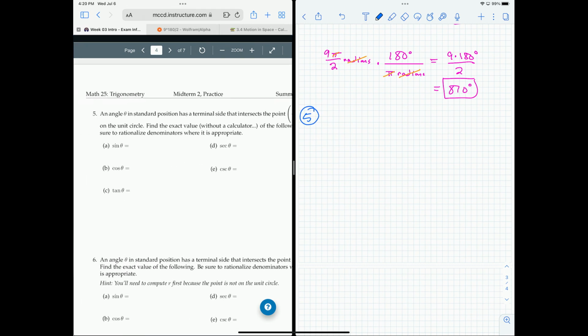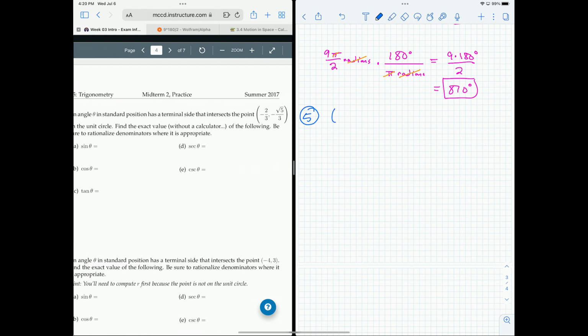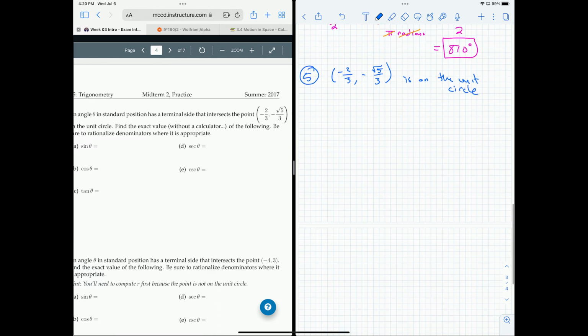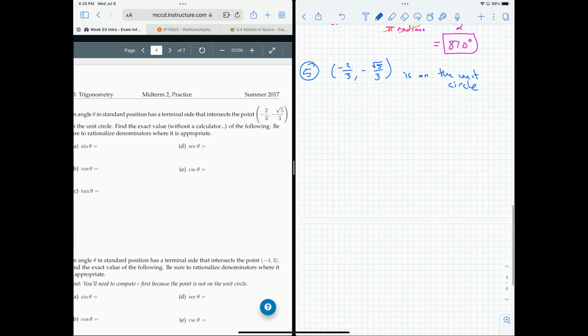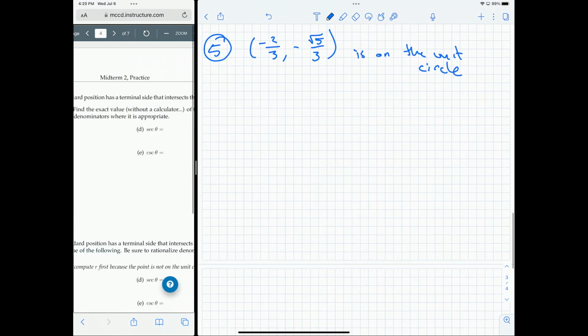Here we go. So notice that this point here is specifically labeled as being on the unit circle. That's very important, because if you have a point on the unit circle, then you're going to be able to use these unit circle formulas for the angle.